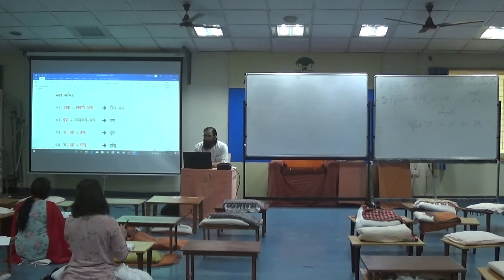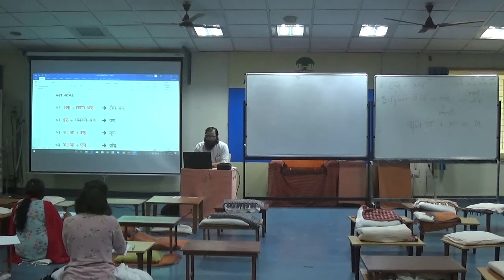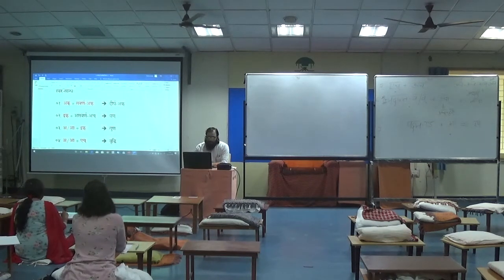Swarasandhi we have seen in the previous class. So, Ak followed by Savarna Ach, Dirgha. That which is in red color are Sthani. And A or Aa followed by Ik letter will be Guna, right? And A or Aa followed by Ech letter will be Vriddhi.